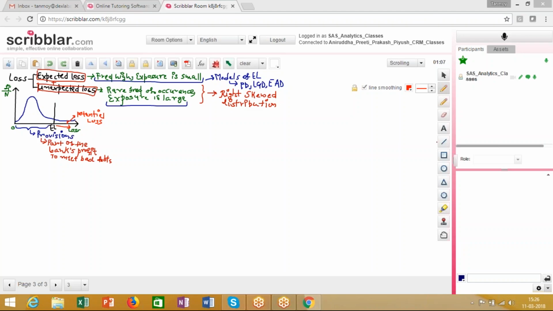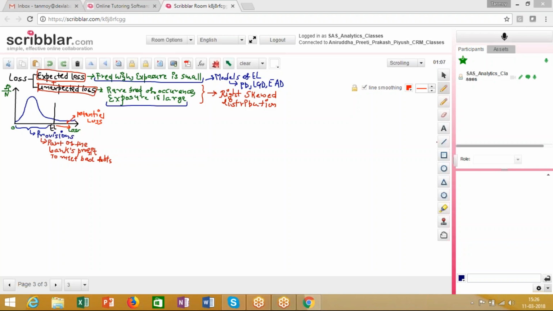So over here we just plot the variable and its relative frequencies, that is the relative chances of occurring. So it shows that the lower exposure losses are more likely to occur, and the high exposure losses are least likely to occur. So that is why the loss distribution takes this shape.